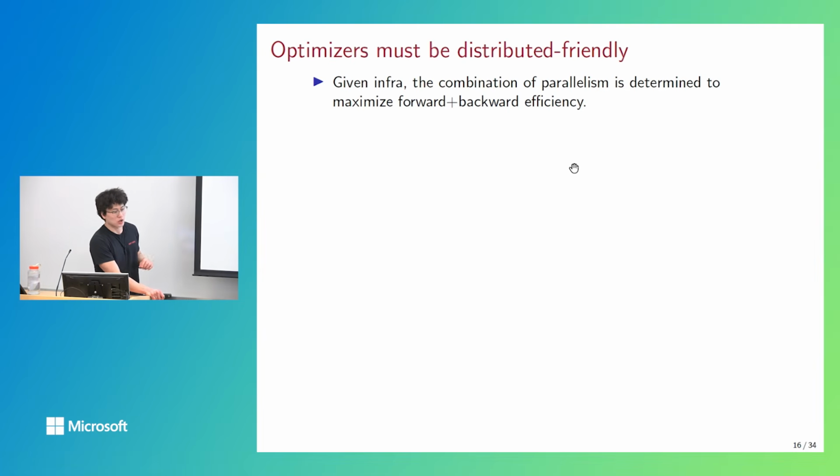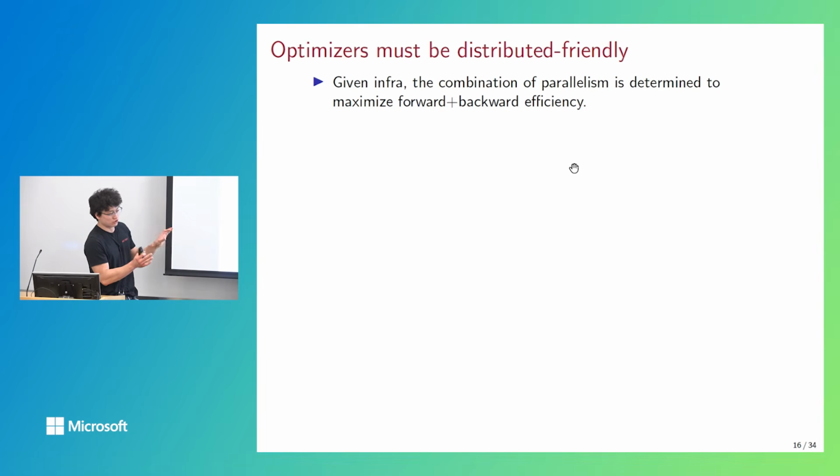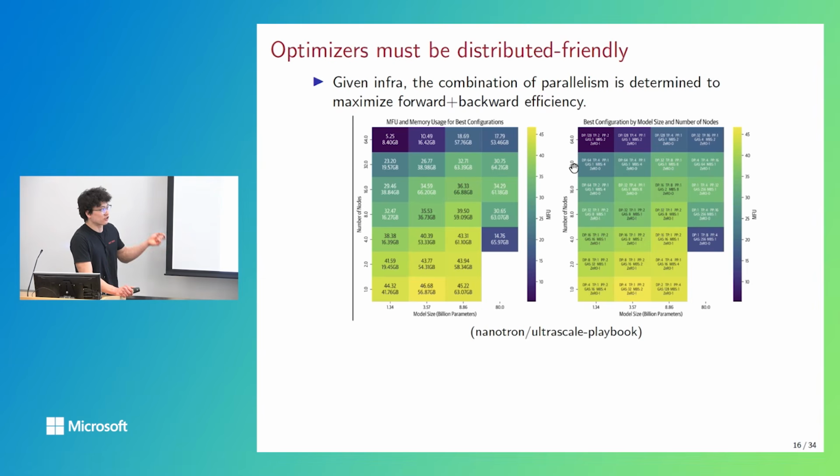So roughly, given your infrastructure, the parallelism strategy is fixed, and as an optimizer designer, your role is to make your optimizer compatible with all these parallelism strategies. This is an illustration from Hugging Face showing that, based on infrastructure, there's a roughly optimal strategy you can take.